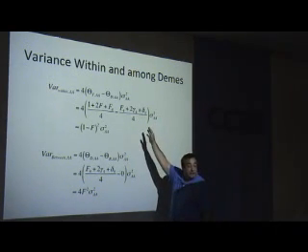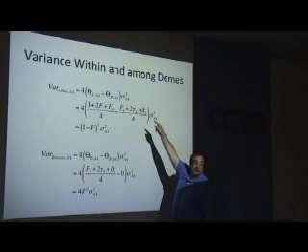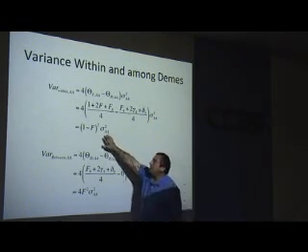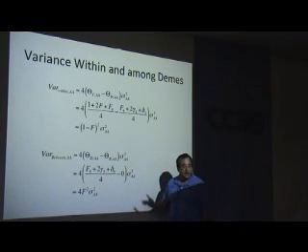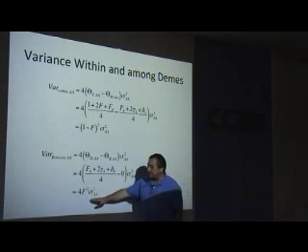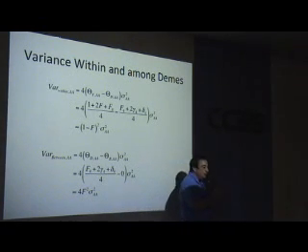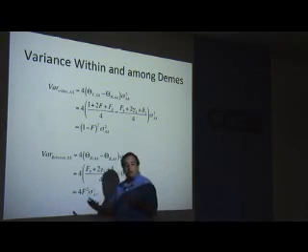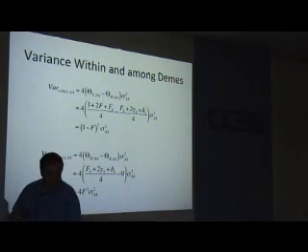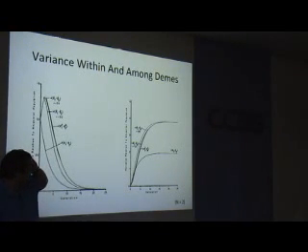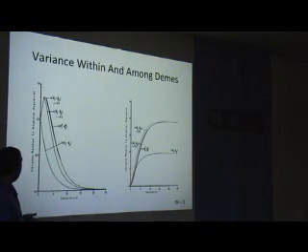Other than that, it's exactly the same equation up at that end, and then we just start plugging in these different co-ancestries, and we get something which is basically 1 minus f squared. And the variance between demes is basically 4f squared. So it ends up being very symmetrical with our single locus model, although the algebra gets a little bit ugly. And if we do that, this is what we get.